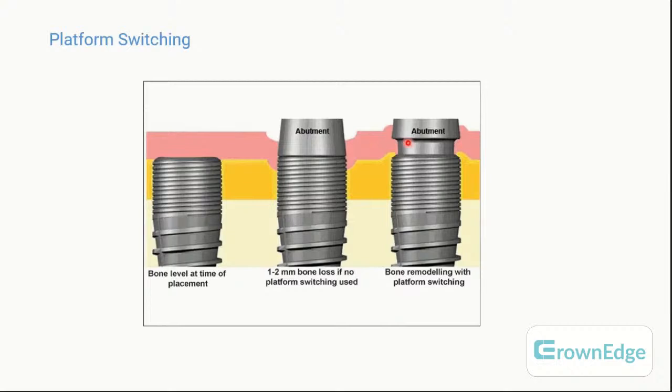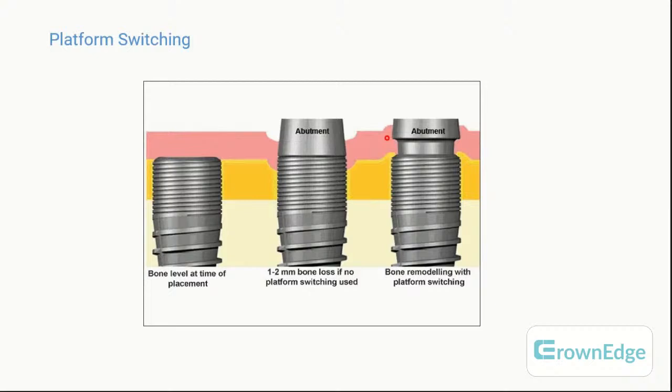So then we started using a slightly smaller size abutment compared to the implant head. This is the abutment. We use one size shorter than the implant we have placed, and we saw that the bone was actually increasing. So the better the bone, the better the success of your implant and your implant prosthesis.